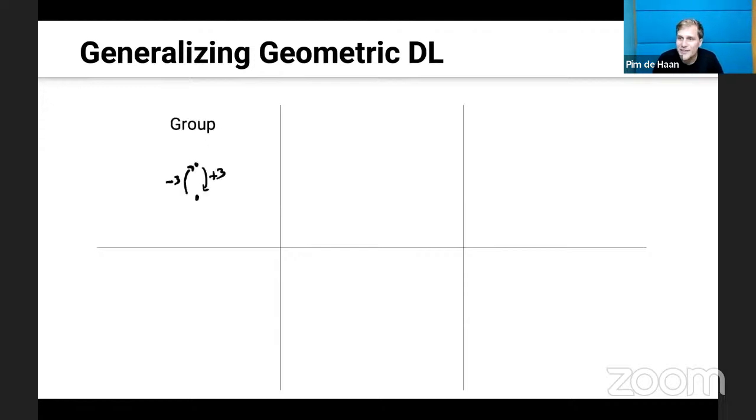So we may have a group, for example, a translation group, where we can translate up or down by a couple of pixels. And these groups can be represented. This means that we have a space of signals, for example, images, and we have a rule that says how these signals transform if we translate them.